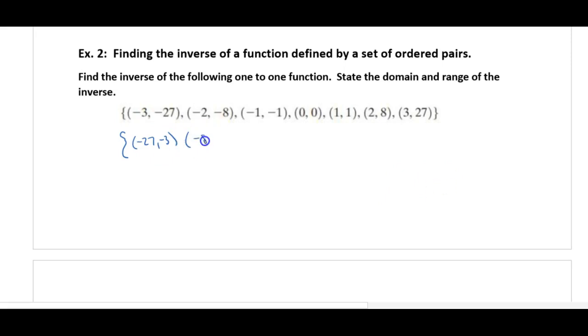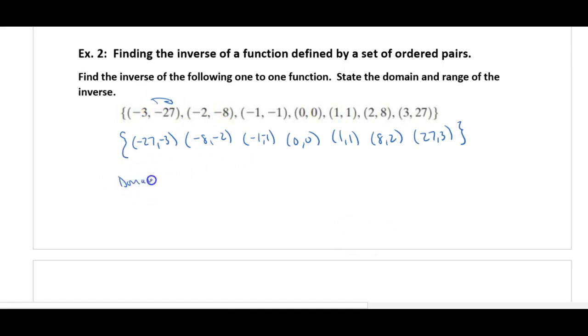The next ordered pair would be negative 8, negative 2. Then negative 1, negative 1, 0, 0, 1, 1. This would become 8, 2. This would become 27, 3. If you look, all I did was flip-flop these x and y values.